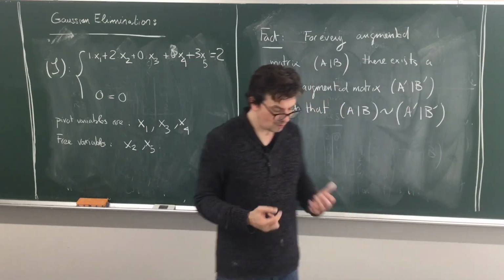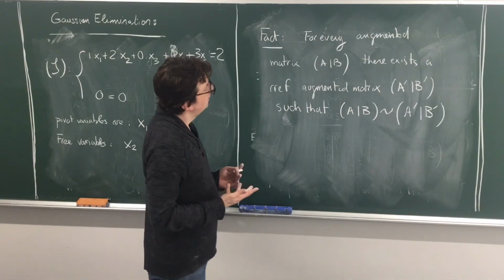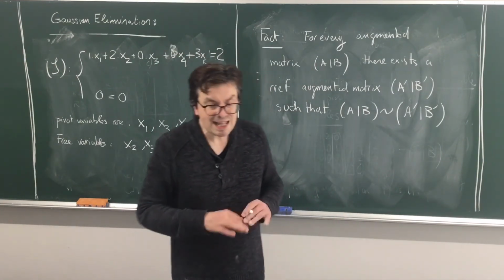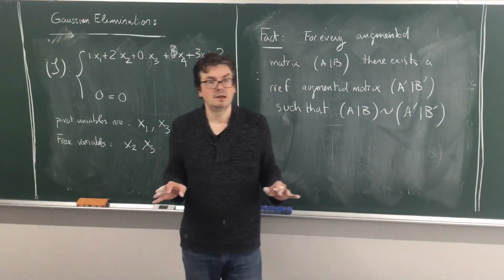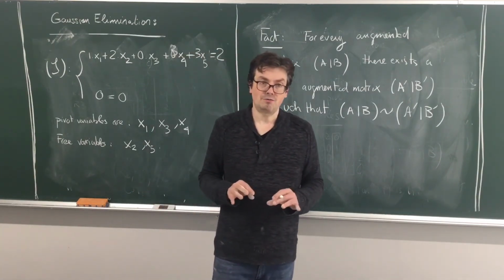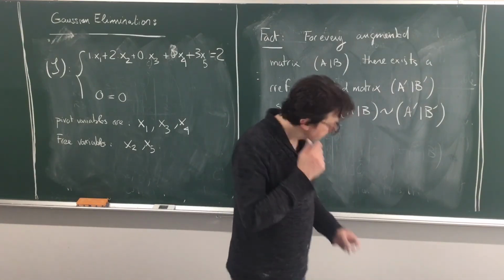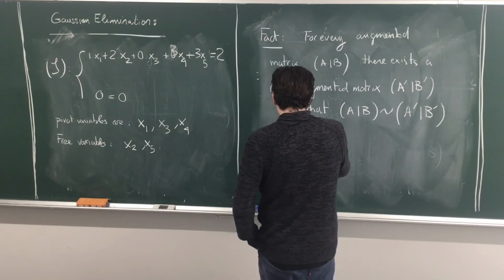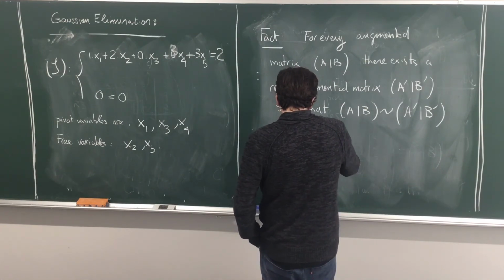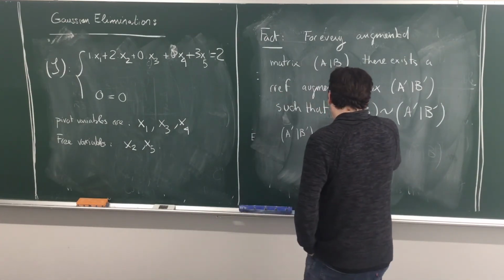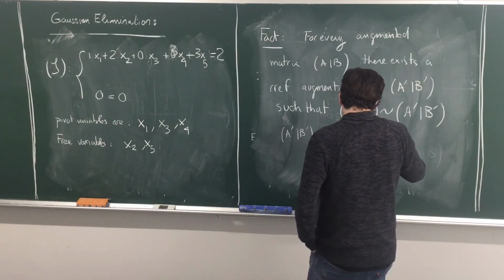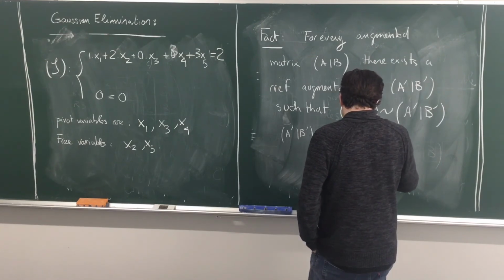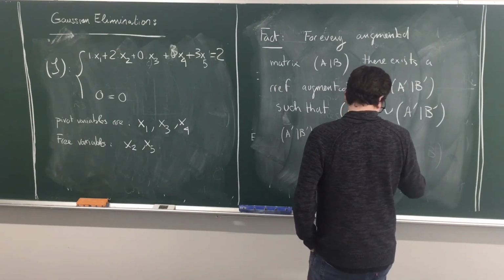So this theorem is saying that after a finite sequence of elementary row operations, I can transform any matrix into a RREF matrix. This A prime, B prime will be denoted RREF of AB.